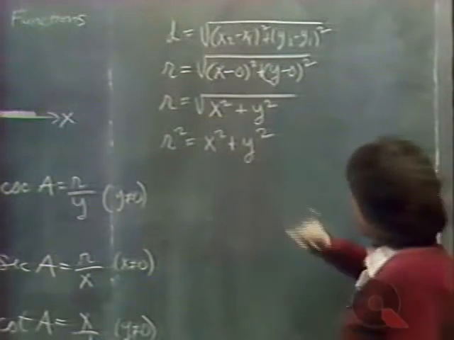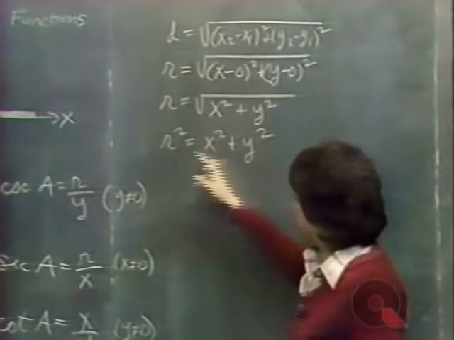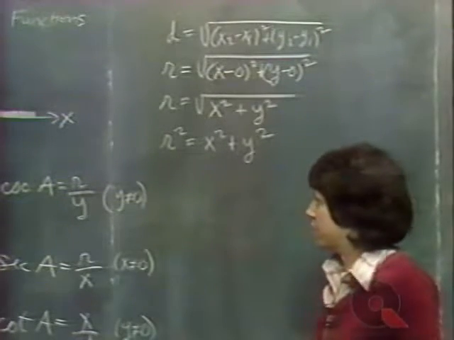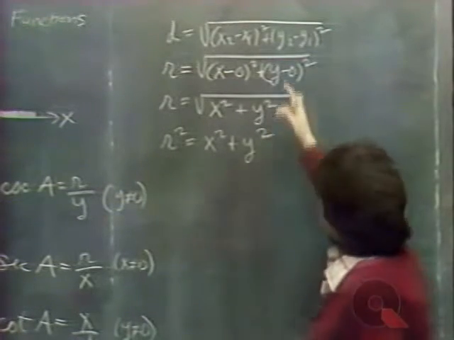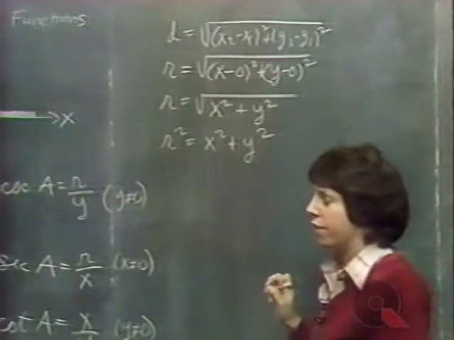Okay, now the reason the identities that we will derive from this equation are called Pythagorean identities is, well, one way is to say the distance formula is proved using the Pythagorean theorem.